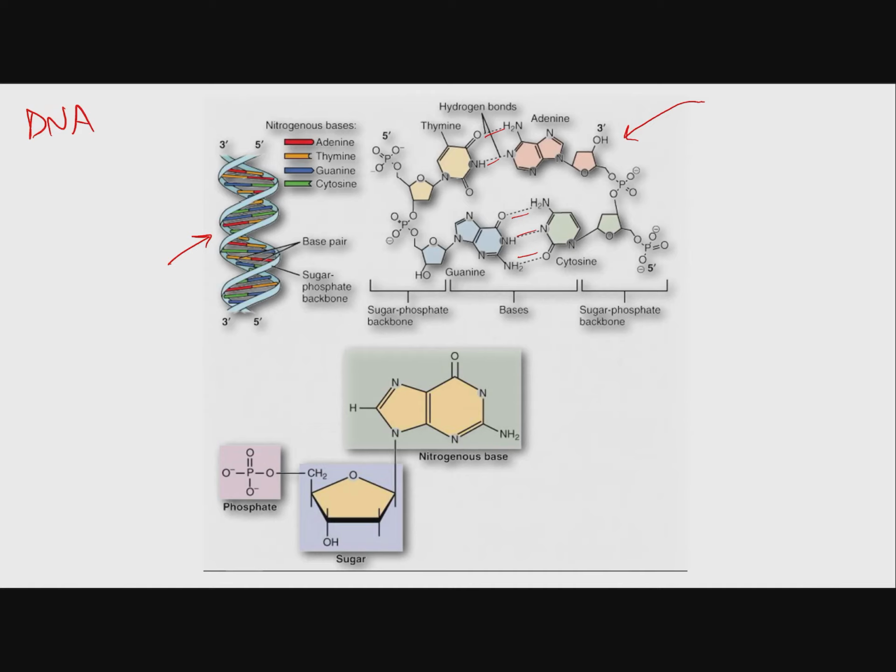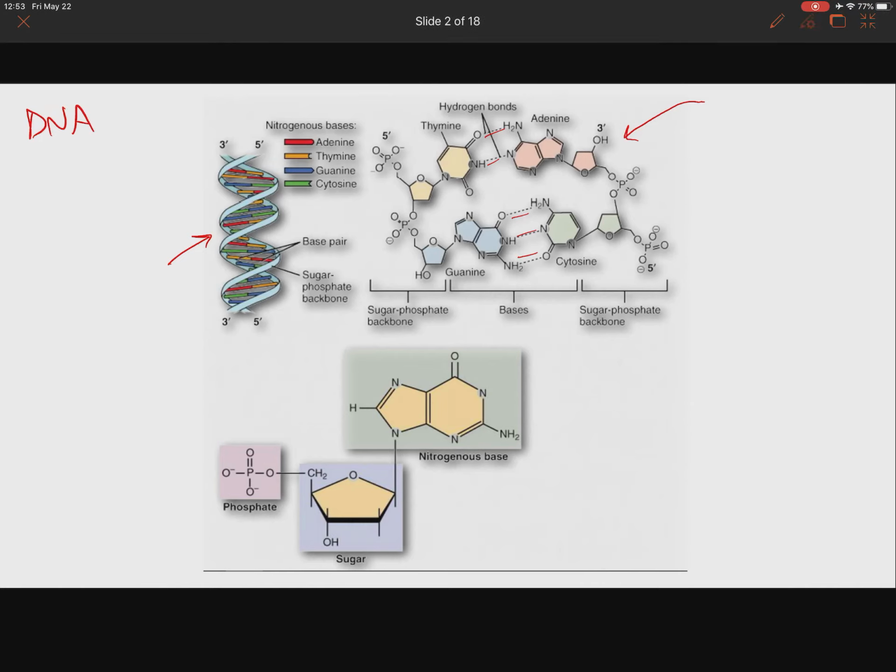Okay, so let's talk about structure, and I'll try to give you guys keywords here. DNA strands are polymers of nucleoside monophosphates that are held together by phosphodiester bonds. 2 such paired strands make up the DNA molecule, which is then twisted into a helix.